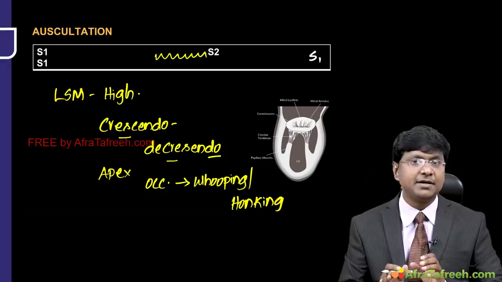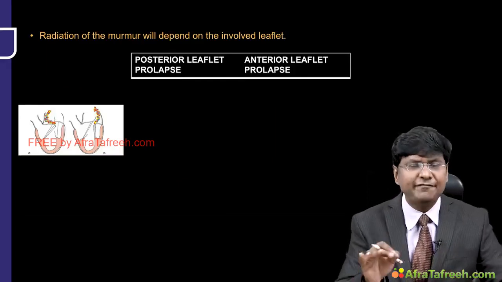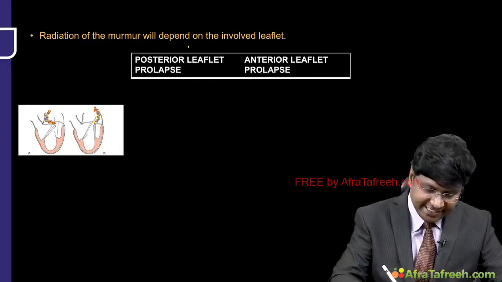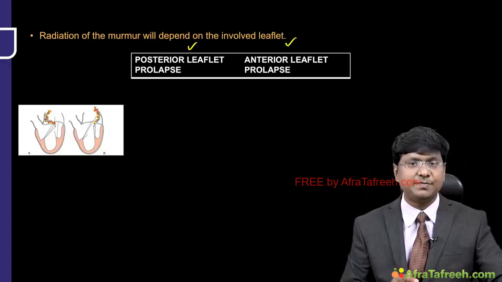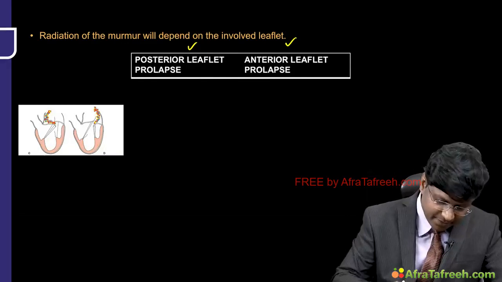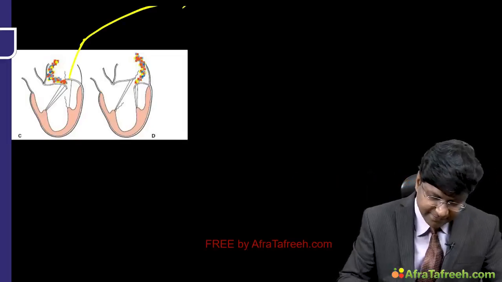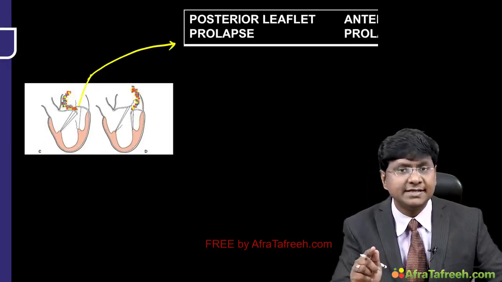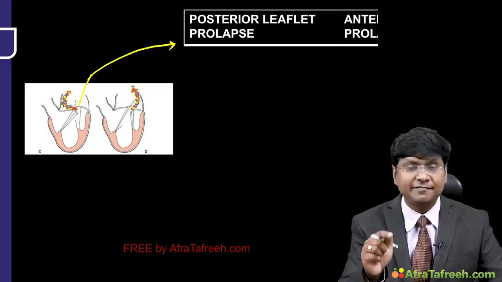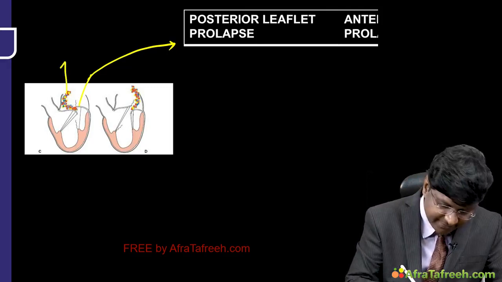See, this murmur radiation depends upon which leaflet has been prolapsed. Is it the posterior mitral leaflet which is being prolapsed, or is it the anterior mitral leaflet? Now, take the first, that is the PML prolapse. What did we discuss? The most common leaflet which will be prolapsed is the PML. So, if the posterior mitral leaflet is being prolapsed, what will happen to the jet of the MR?